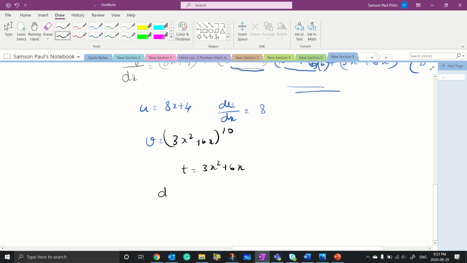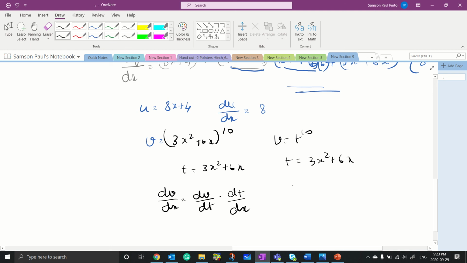So what I'll do is write dv by dx is nothing but dv by dt into dt by dx. My v is t power 10 and my t is 3x square plus 6x.